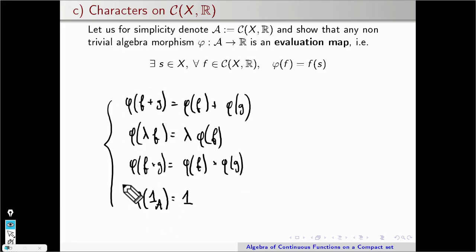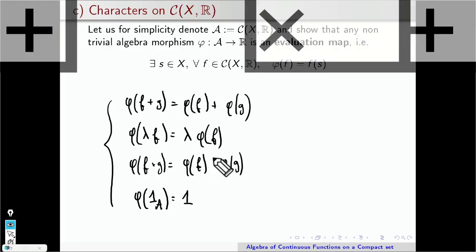You can notice that it is kind of normalized. So you notice that if you consider 2 times phi, it will not be an algebra morphism. And of course, because the target space is of dimension 1, if it's not the trivial map, so in fact here I exclude the trivial map, phi will be surjective.